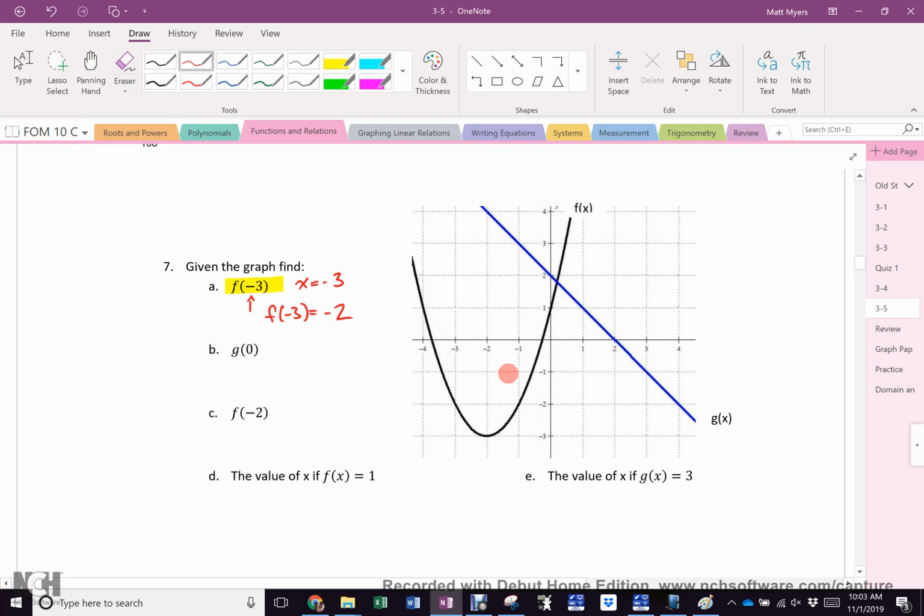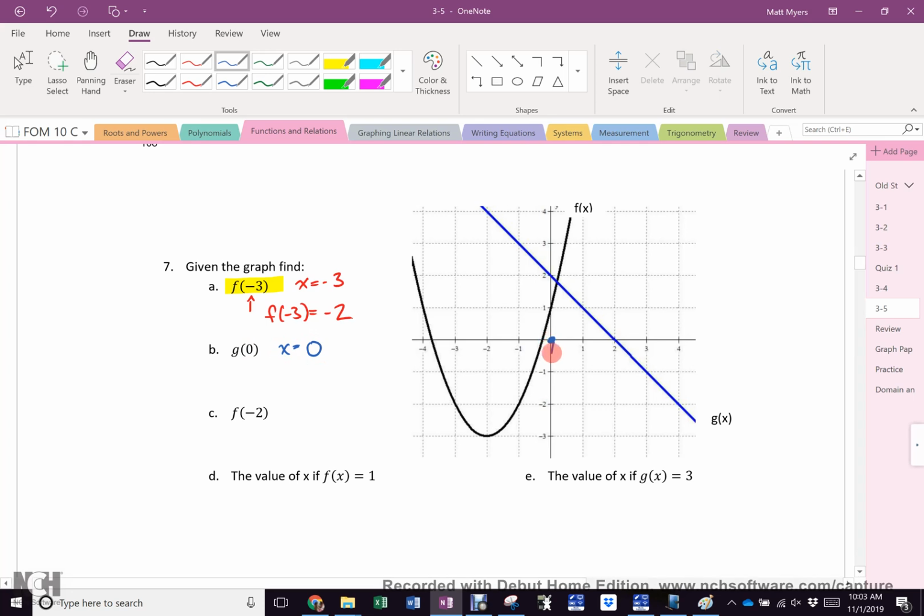In B, am I working with the straight line or the curvy line? The straight line. What is that, an x or a y value? And what does that x equal? 0. Where is x equals 0? Right there. There is my x value. Now I need a y value. On which line, the curvy line or the straight line?